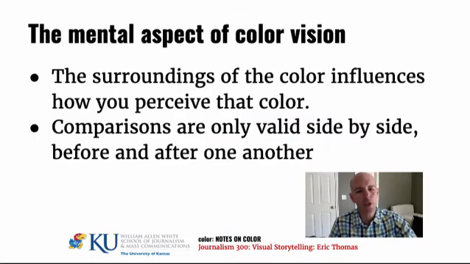The other thing that we should know about color is that there is a mental aspect of color vision, right? And that is that it doesn't just matter what color we're looking at. We can be influenced by the surrounding colors that are around it, right? We may think, oh, that blue looks like a particular blue, but our mind may be fooled by the surrounding colors.